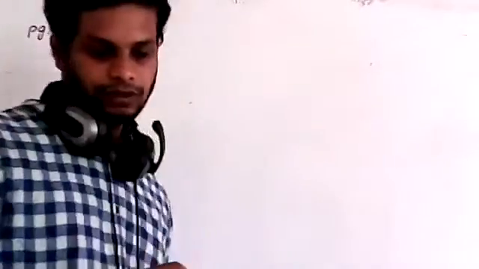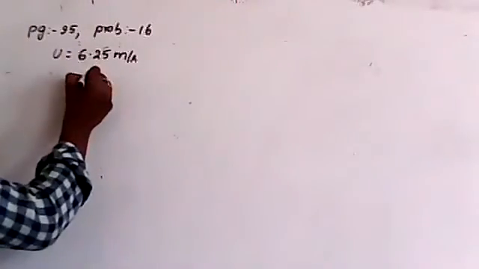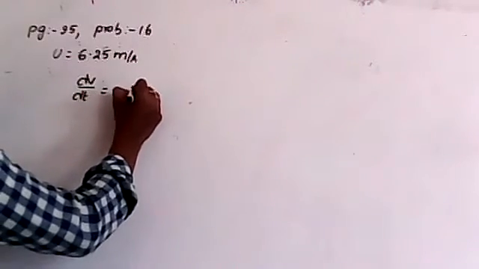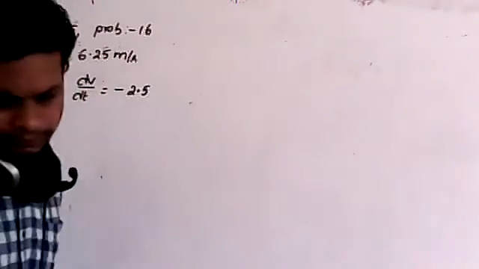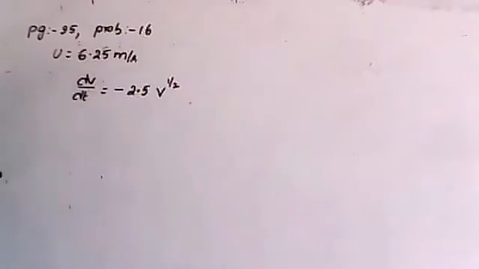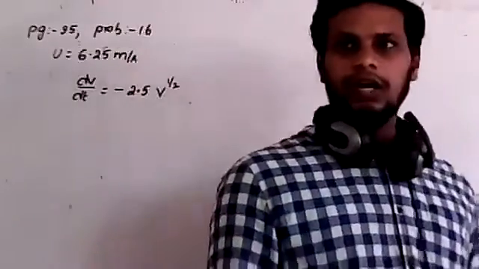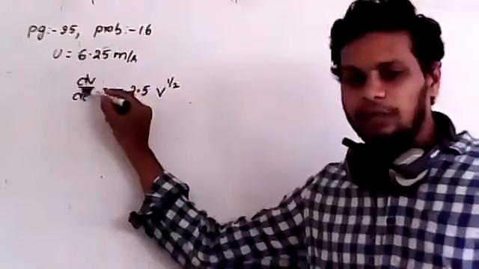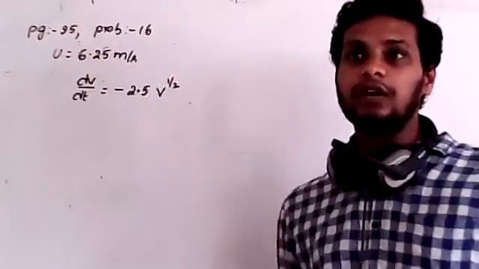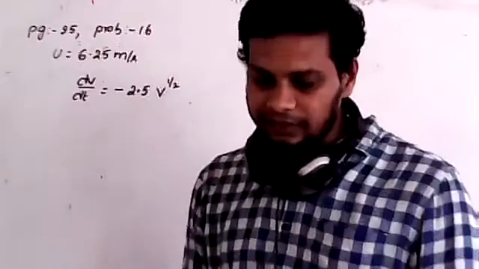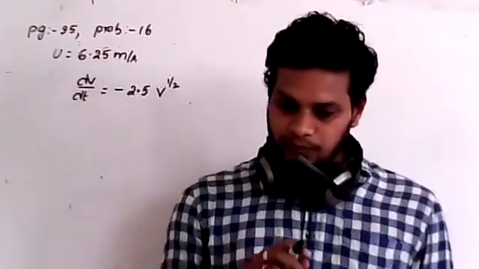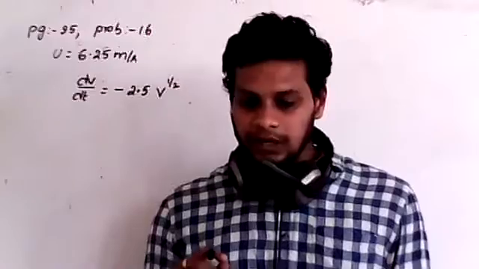That's why in the question they have given dv by dt equal to minus 2.5 into v to the power of 1 by 2. dv by dt is nothing but my acceleration, right? The acceleration is given as negative, therefore it is called deceleration.